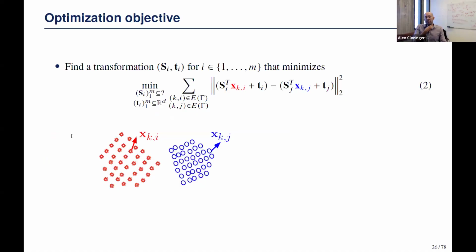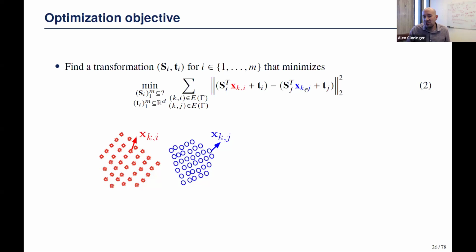And so it turns out you can frame this as a synchronization problem. You're trying to embed each view, and you're allowed to apply some orthonormal transformation of your view. Because you get a view, it might be tilted, it might be inverted, there's parity, and you're allowed to shift it around a little bit.